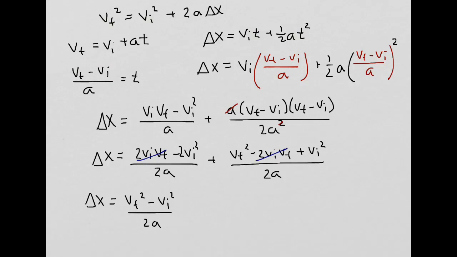I can multiply the 2a to the other side. So 2a delta x equals vf squared minus vi squared. Now finally solving for vf squared by moving vi squared to the other side.